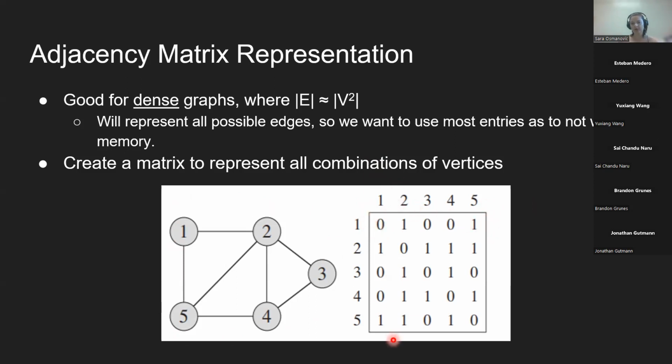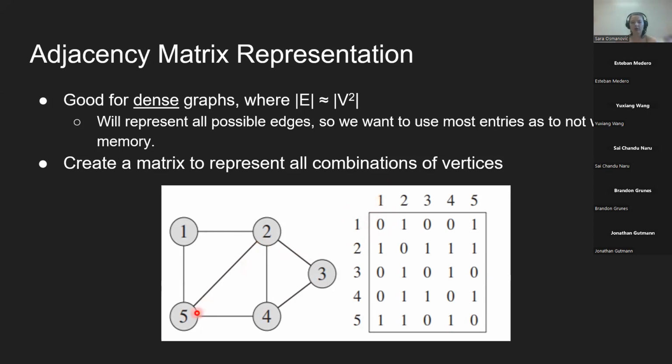In that table, you put all the vertices as the columns and all the vertices as the rows, and then think about whether there's an edge going from the row vertex to the column vertex. For undirected graphs it doesn't matter, but for directed, go from row to column.